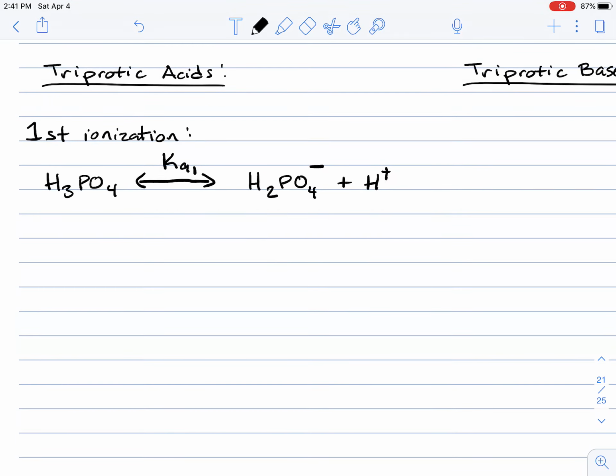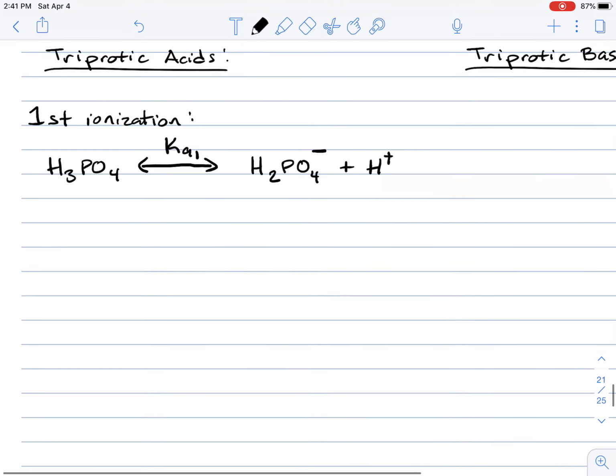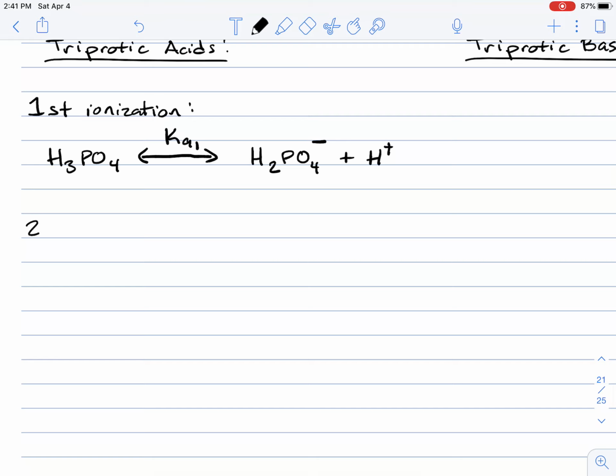Okay, and so here notice that there are 2 more hydrogens, so that's 2 more ionization steps. And so we're going to go ahead and write the second ionization step. So we're going to take H2PO4 -1.